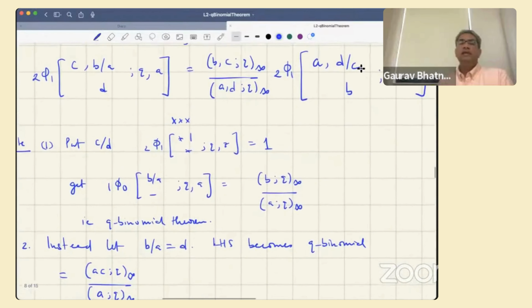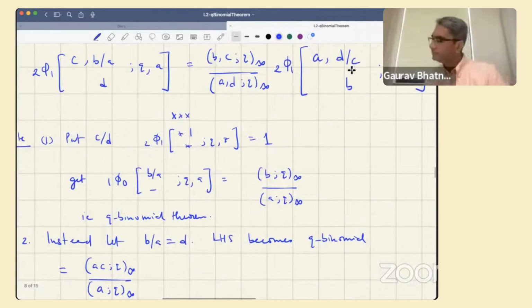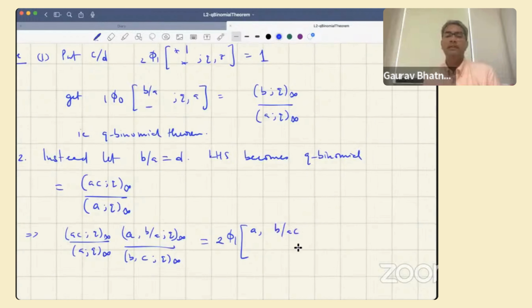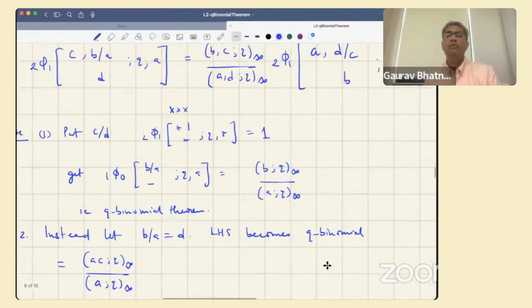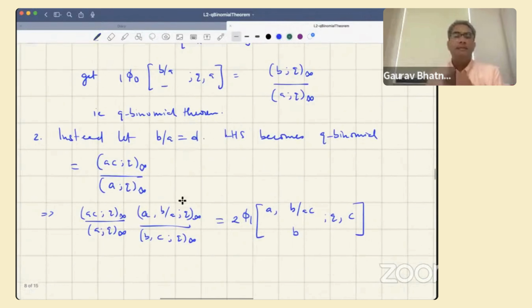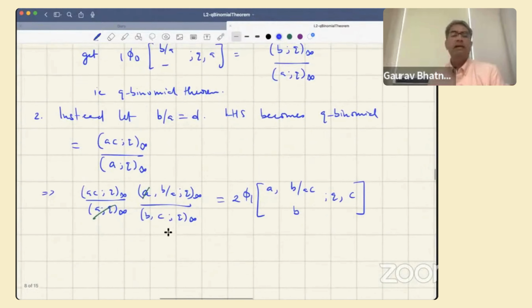D by c is b by ac, and in the denominator is just b, q, and this is c. And again, this a cancels with this a. So you get ac, b by a, and bc is equal to 2 phi 1.